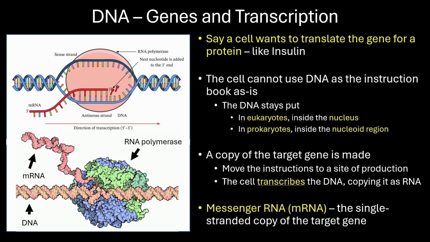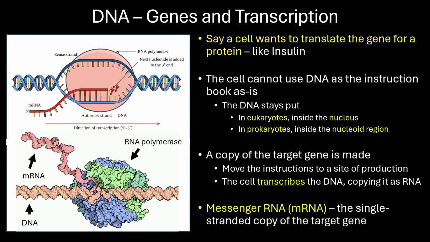So say that a cell wants to translate a gene into a protein, like insulin, for example. The cell cannot use the DNA on its own as an instruction book as is. The DNA stays put wherever it is, whether it's in the nucleus in a eukaryote or in the nucleoid region pinned to the cell membrane in prokaryotes.